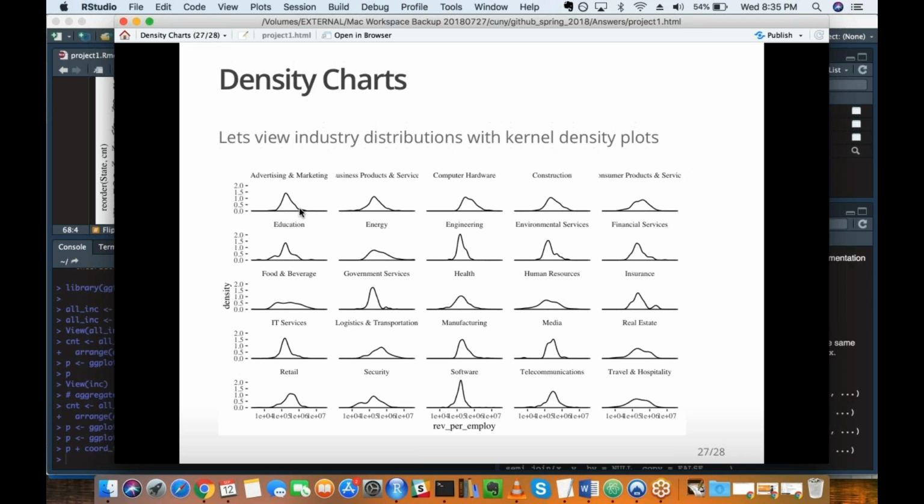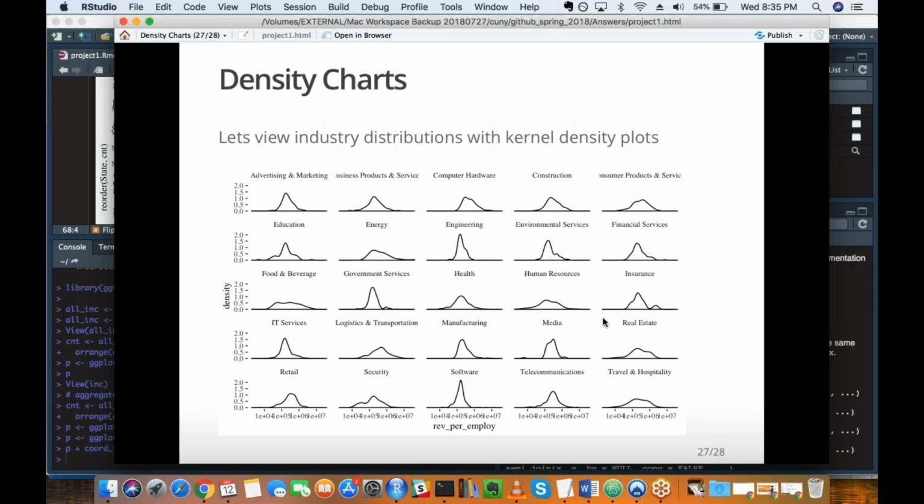So here, this is yet another way that we could view the distribution, and this is useful because it gives us a lot of bang for our buck in terms of data to ink ratio. Here we're getting almost as much information as we would with something like a scatter plot, where you're able to see the individual points.